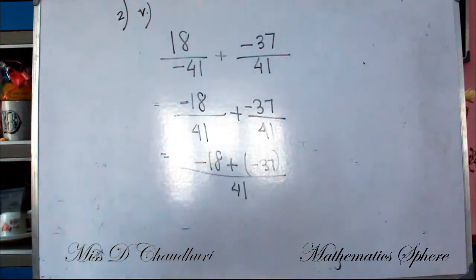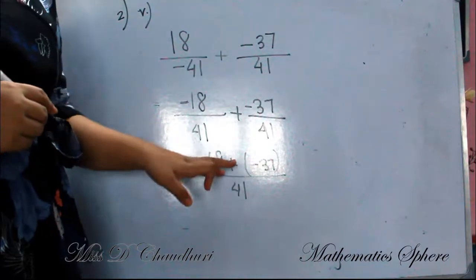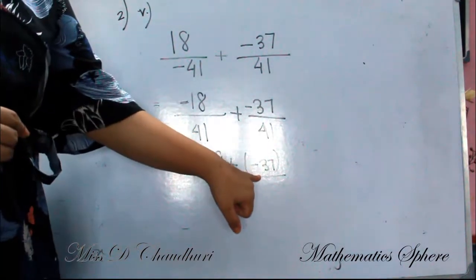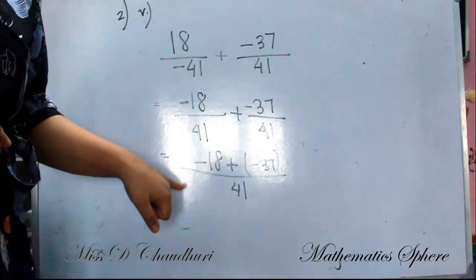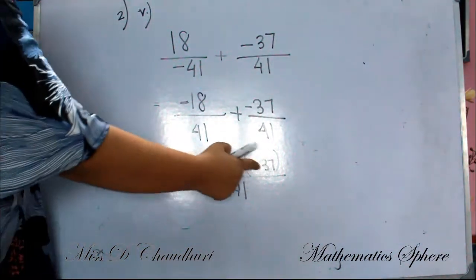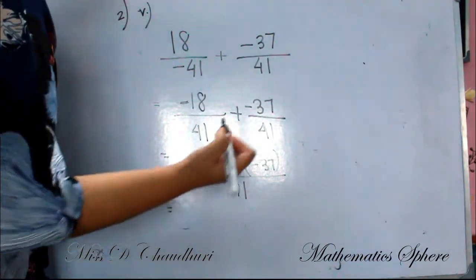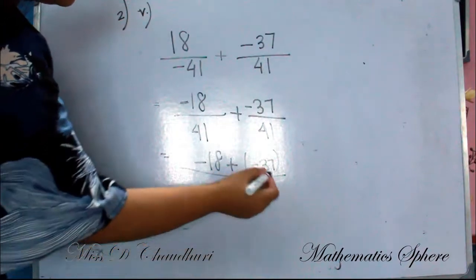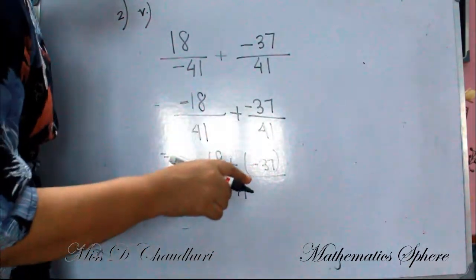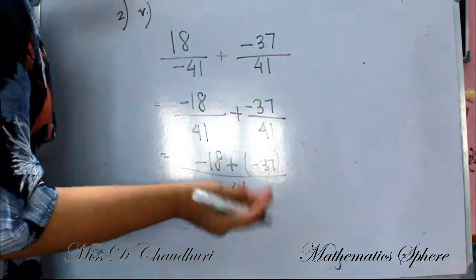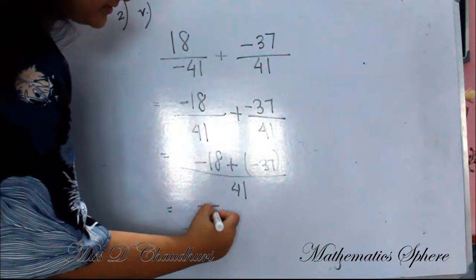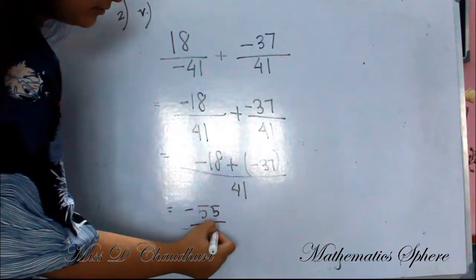So I have already taught you in the chapter on integers that whenever both the signs are the same, we add the absolute values and just put the negative in front. So 37 and this one will ultimately give you 37 plus 20 is 57, and we have added 2 more, so this will be ultimately minus 55 by 41.